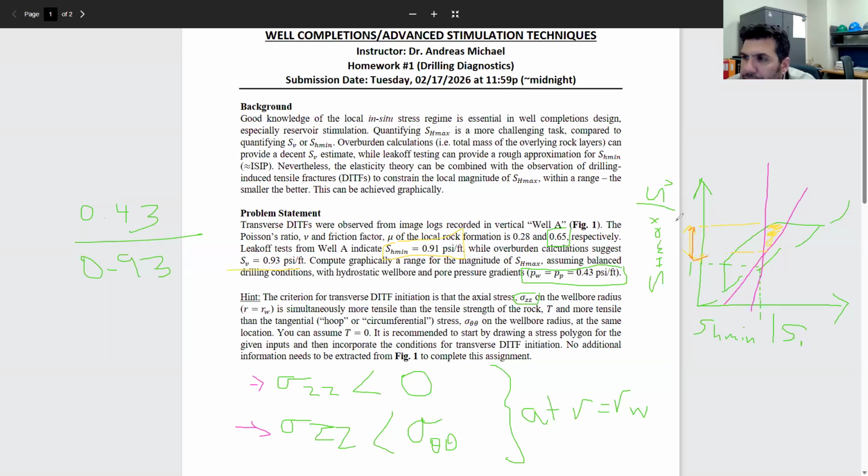This is what I'm expecting you to do. And if you do it right, you're gonna be able to constrain the SH max within a very short, narrow range.